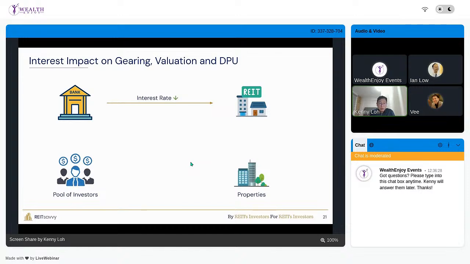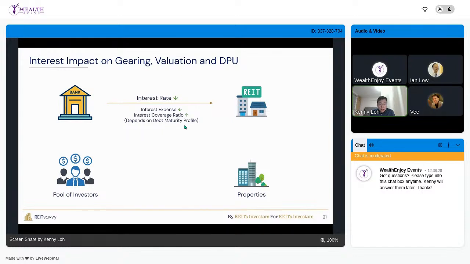Some of the key financial ratios will be impacted by the rate cut moving forward. When interest rate comes down, that will help the interest expense to drop. When the interest expense drops, the interest coverage ratio will go up. But do take note that this very much depends on the debt maturity profile.